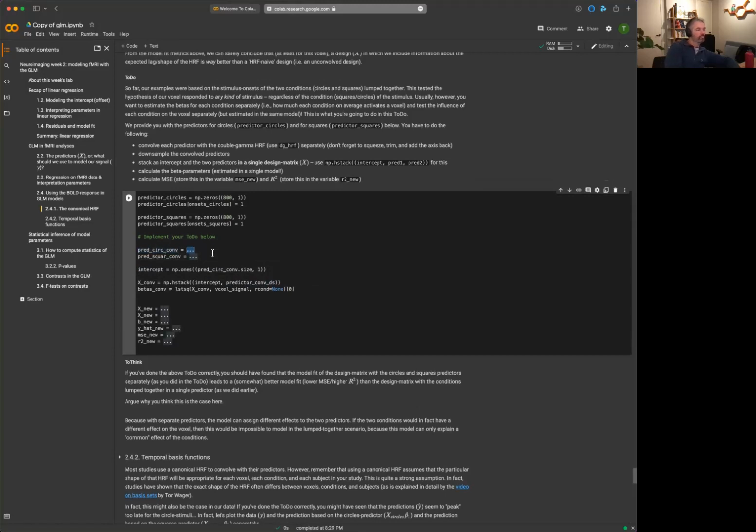Let's first convolve. Right, so we convolve and immediately use the indexing at the end to use the same href.